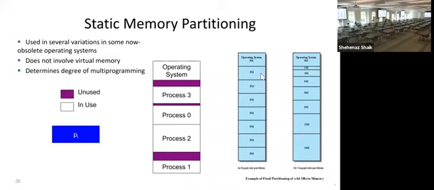So at any point in time, only a number of processes equal to the number of partitions can be active in the system. In other words, the number of partitions that we make in the physical memory defines the degree of multi-programming, because only that many processes can be loaded and active in the system at any point in time.